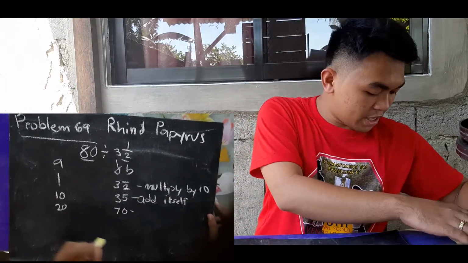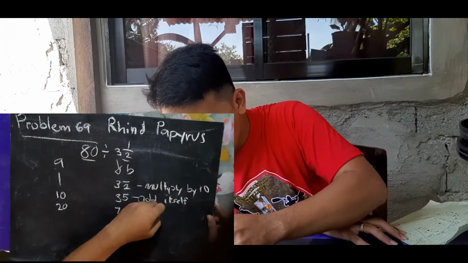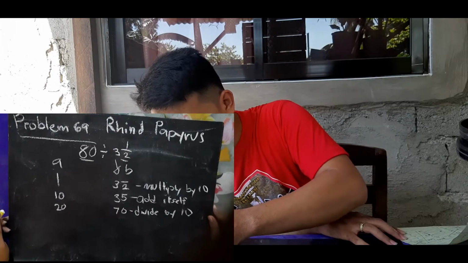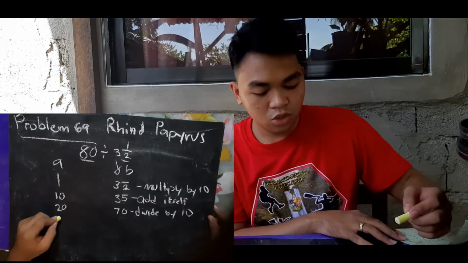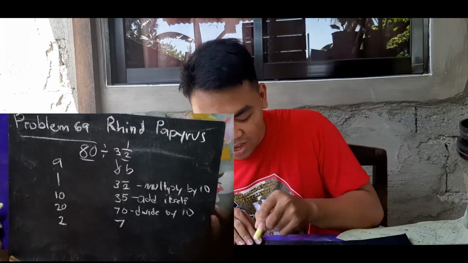So in this third line, we should divide it by 10. So 20 divided by 10 is 2, then 70 divided by 10 is 7.